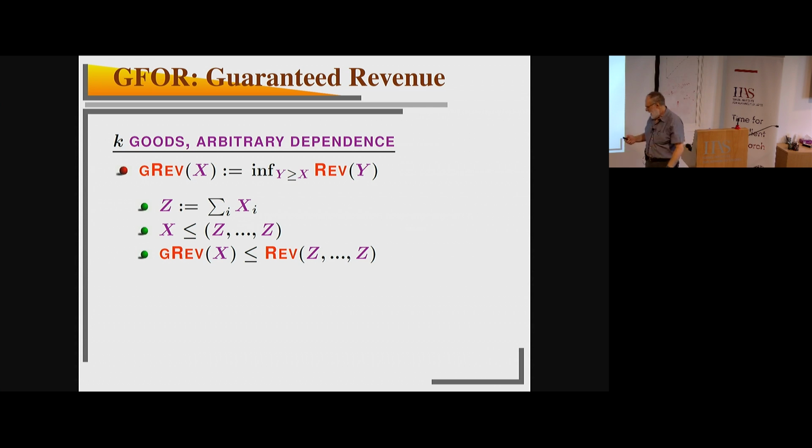I claim that the revenue of that is exactly k times the revenue from Z, because whatever mechanism you are using for Z, you can replicate it. I'm not even using the Myerson theorem. I take the one-dimensional mechanism and apply the same mechanism to all goods. You are getting Q and paying S. Now you are getting Q, Q, Q, and paying K times S.